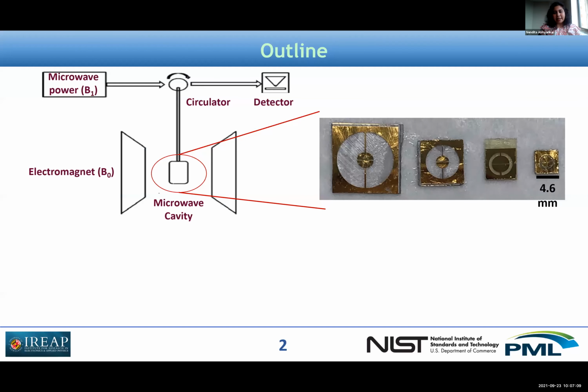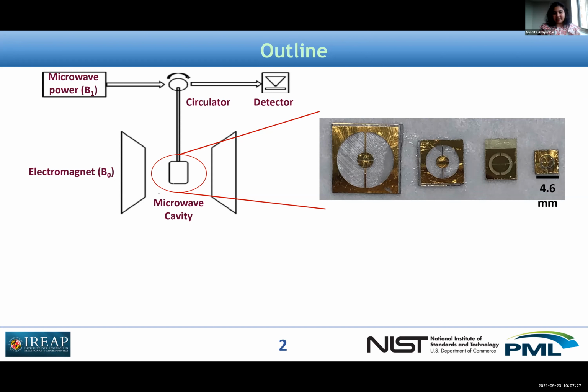So what I work on is miniaturizing the resonator in EPR spectroscopy. The resonator, we know, is one of the main enabling technologies in EPR spectroscopy, which makes it possible to get detectable signals from weak samples.